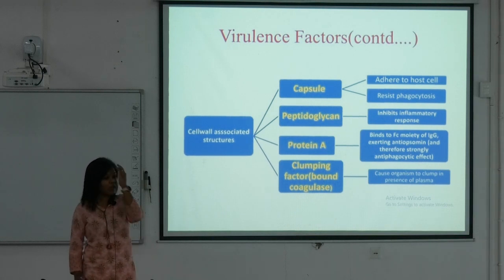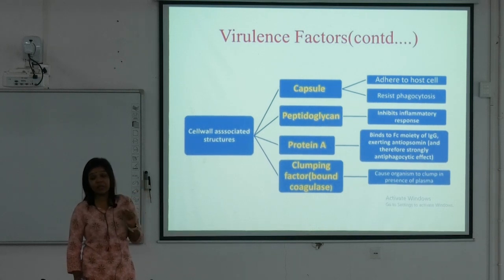I told you one day in the first class when I showed the plates, if a colony is mucoid, I showed you a plate of Klebsiella, it was very mucoid. When I was explaining the characteristics of a Staphylococcus colony, I told you it's dry.